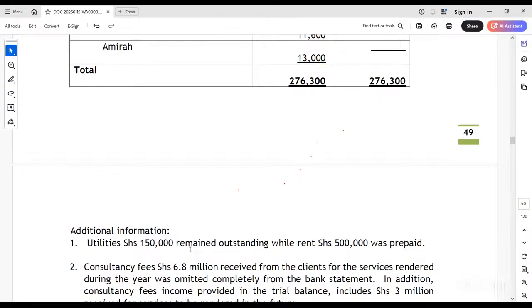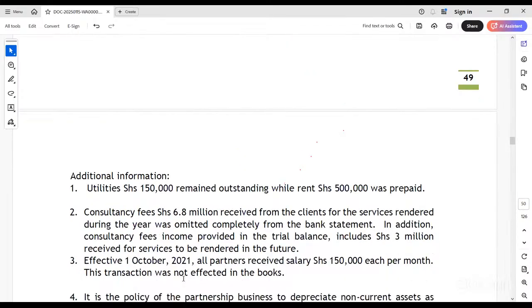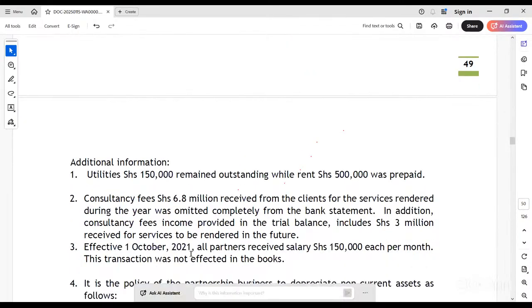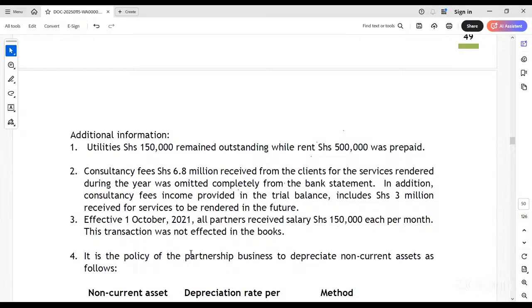So we have some prepaid expenses here and some accrued expenses, as you can see. Consultancy fees of 6.8 million received from the client for the services rendered during the year was omitted completely from the bank statement.